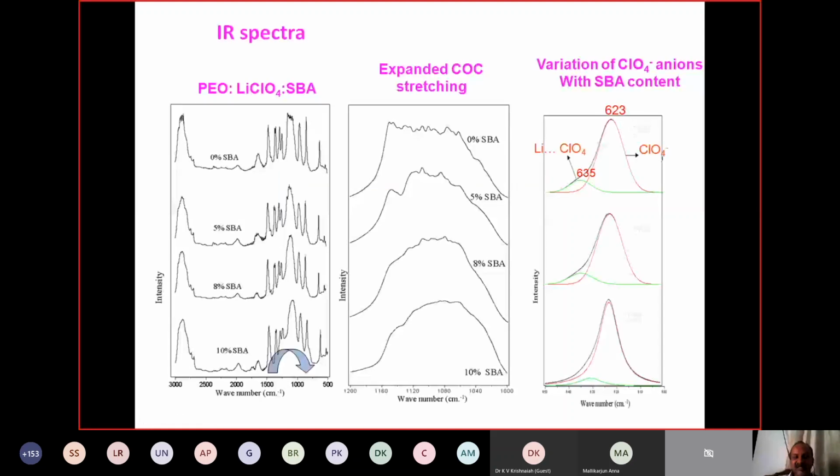So up to 10% of Fe3O4 content, the conductivity is increased. Again, for higher content, conductivity is decreased.